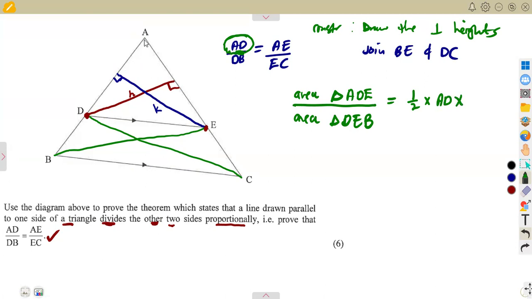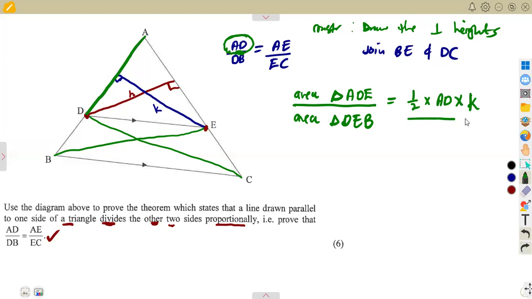Now take note. This is our AD. Which height lies on AD? Take a closer look here, AD. Which height lies there? This is the one which lies on AD, which is perpendicular to AD. The one perpendicular to AD is our K. So we are going to multiply by K, everything over.